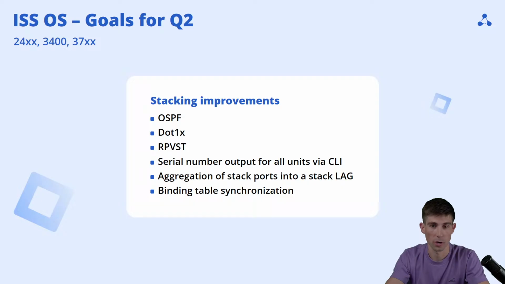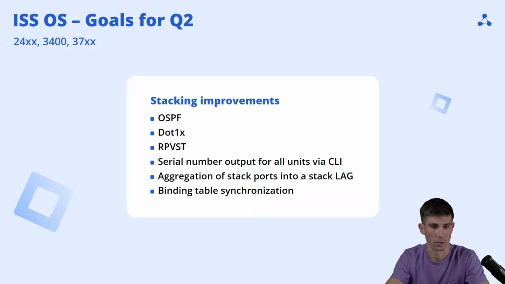So we are planning to add new stacking features for the next few versions of the ISS operating system, and the first one, in the second quarter, is actually available already, and it has a bunch of protocols and features added. Worth mentioning would be OSPF and RPVST plus protocols.